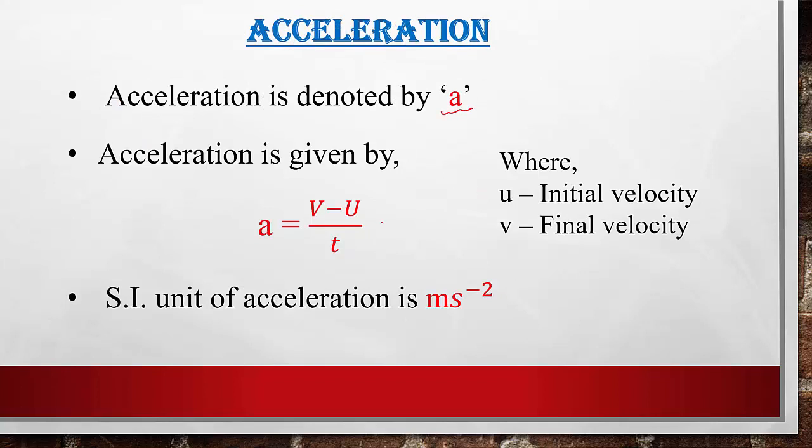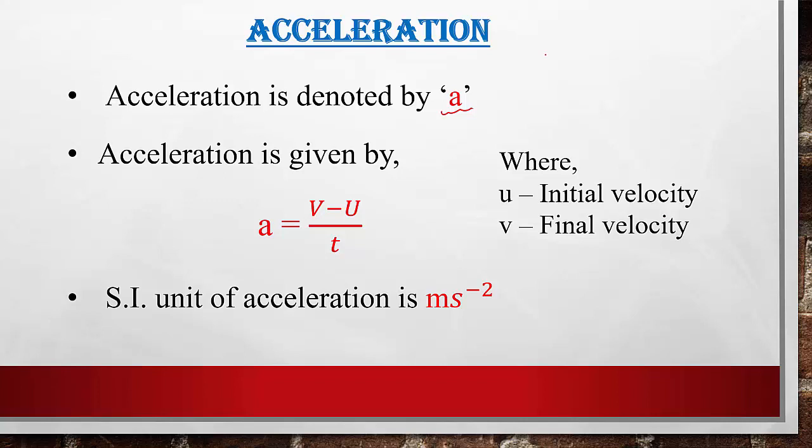A indicates acceleration and it is given by the equation A equals V minus U divided by T, where A indicates acceleration, V and U. What are these V and U? See here. U indicates initial velocity and V indicates final velocity.